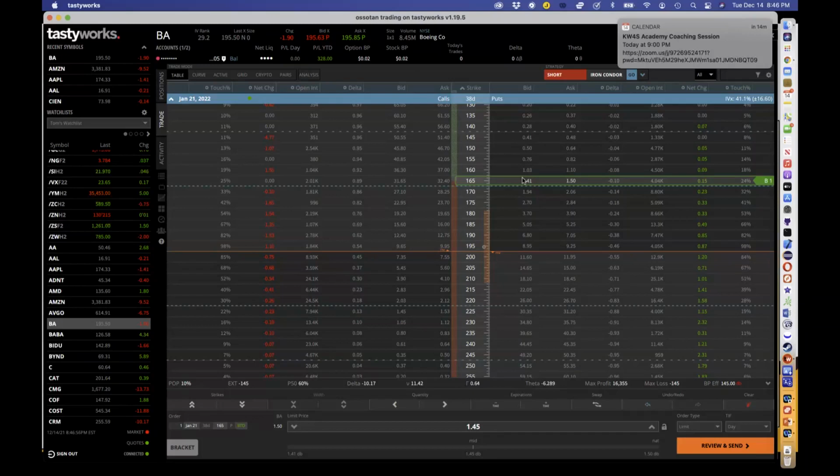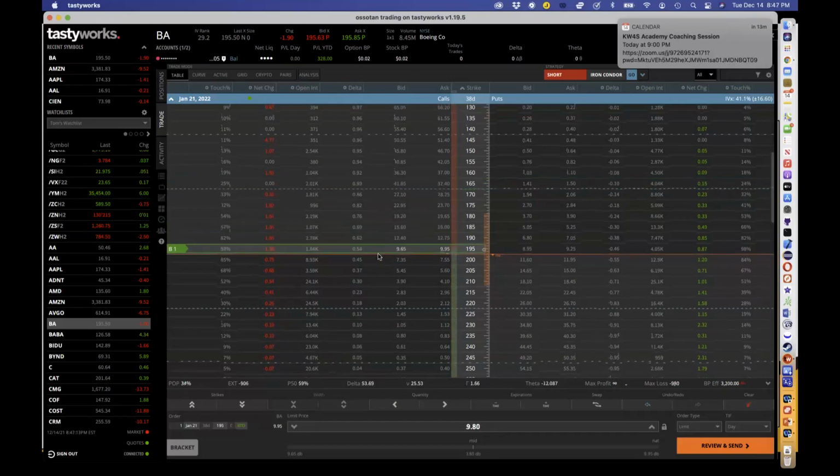Yes, when you're selling a contract, you must have something to back it up, either cash or a position that can match your exposure. You can have shares to match. Let me go back to the call here for instance. Let's say in my account I own 100 shares of Boeing.